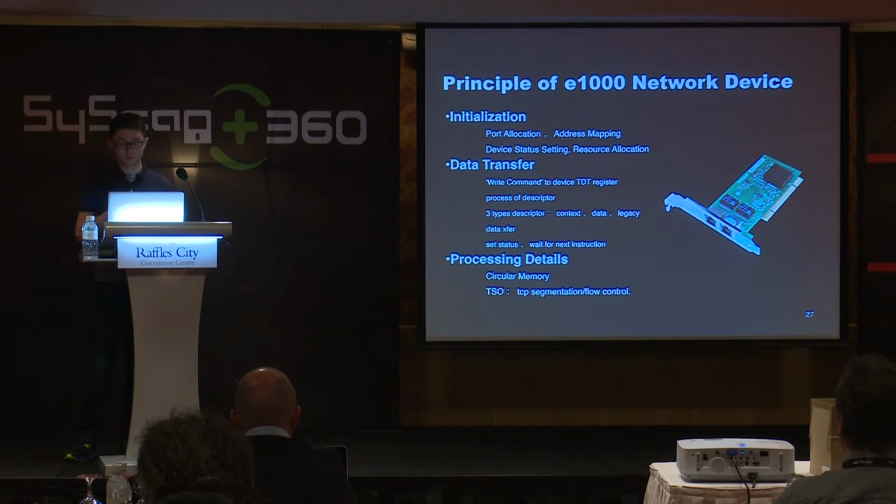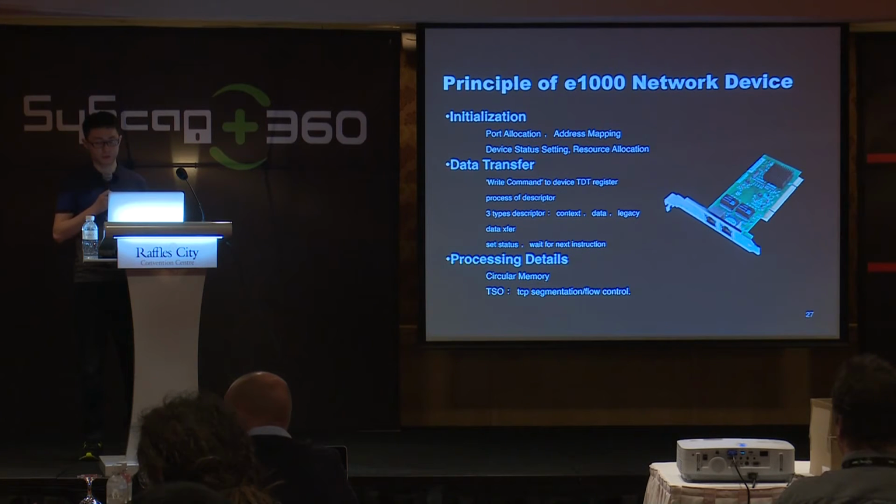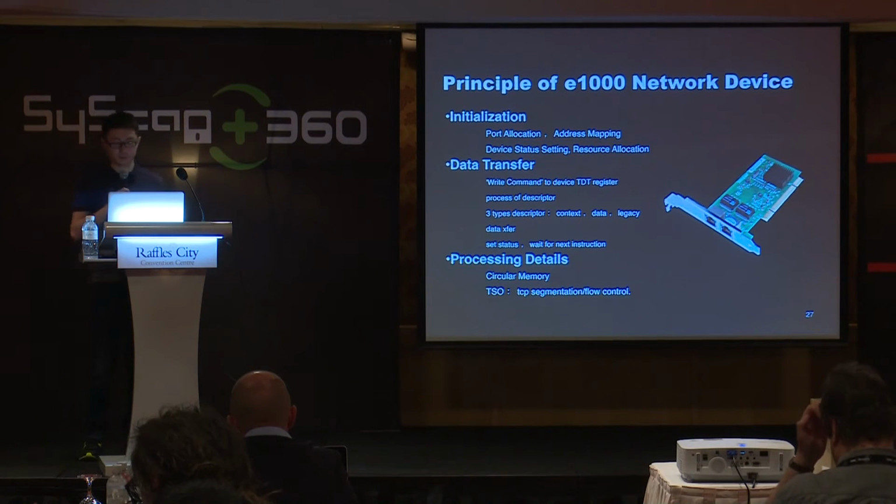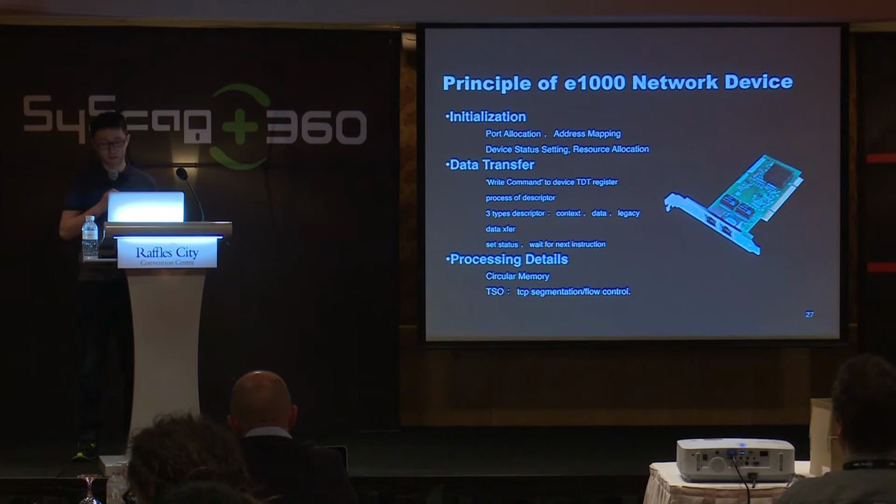The second point is that the gigabit network card uses the TCP segmentation offload technique to improve the processing rate of network packets. Due to this complicated logic, there exist vulnerabilities in the source code of the network card emulator which are related to this technique.